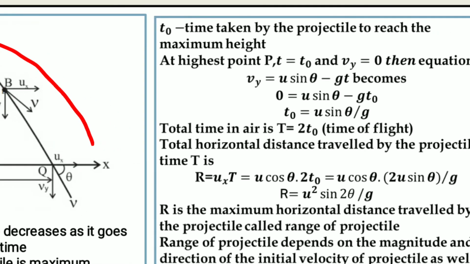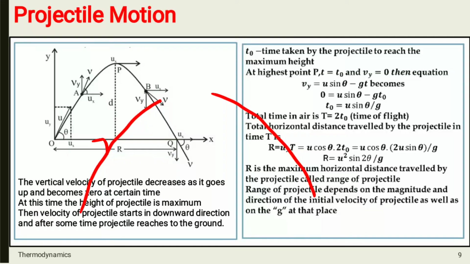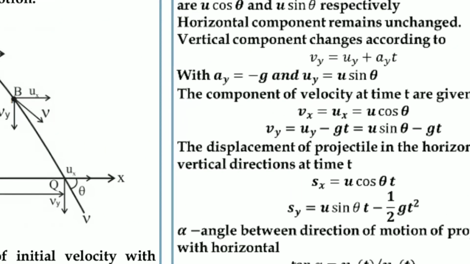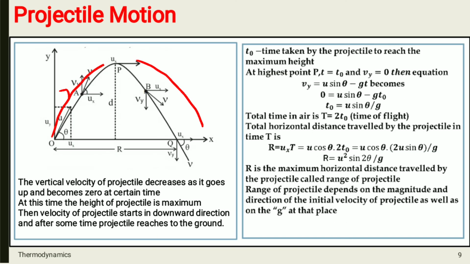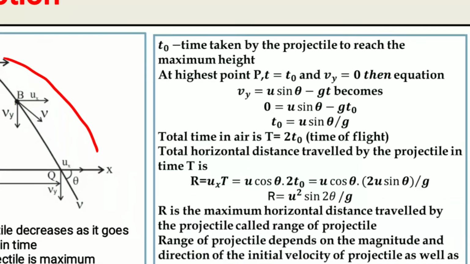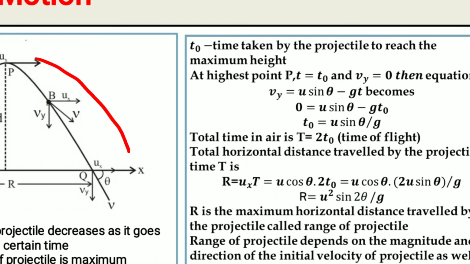So which equation have we discussed earlier? This one: Vy is equal to uy minus gt, or you can say u sin theta minus gt. This equation we are taking. Here Vy is equal to 0, and t is equal to T0.